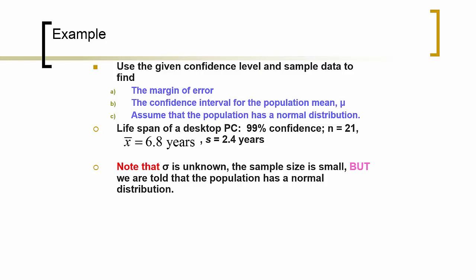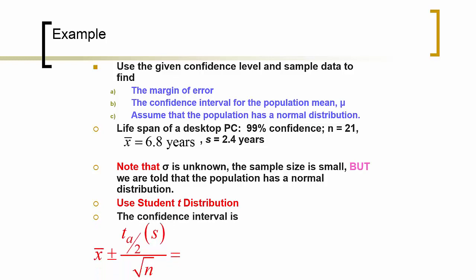So we are told that the population is normal, so we're going to use student T distribution. So the confidence interval is x bar plus or minus margin of error, or it's x bar minus E is less than mu is less than x bar plus margin of error, where the margin of error is critical value T times standard deviation divided by square root of n.